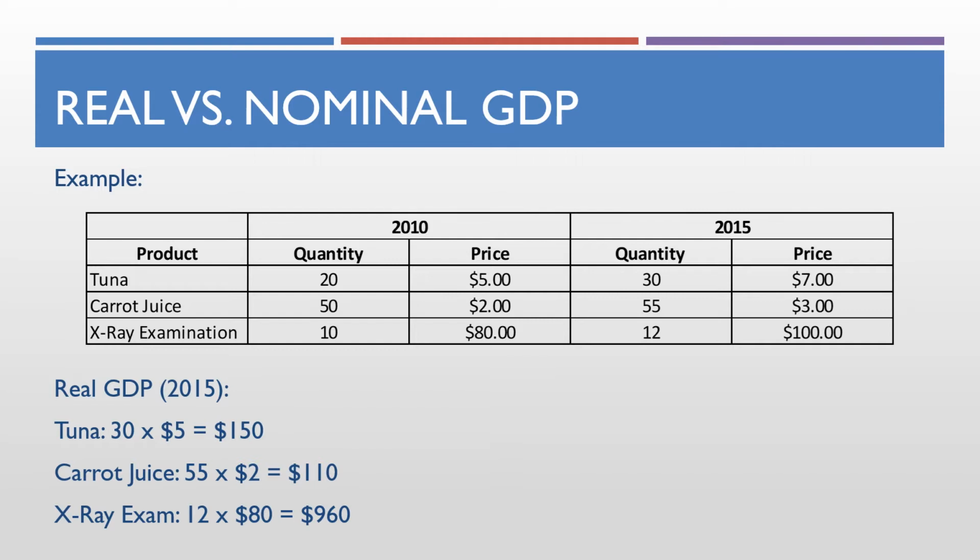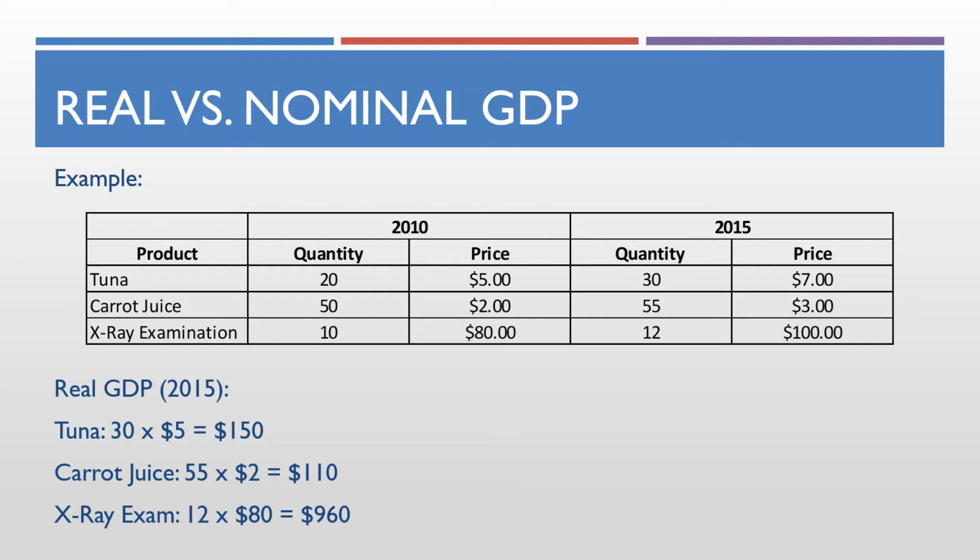In 2015, to calculate the real GDP using the base year of 2010, we use the quantity of each good, tuna 30, carrot juice 55, and X-ray examinations 12, multiplied by the price in the base year, which is 2010.